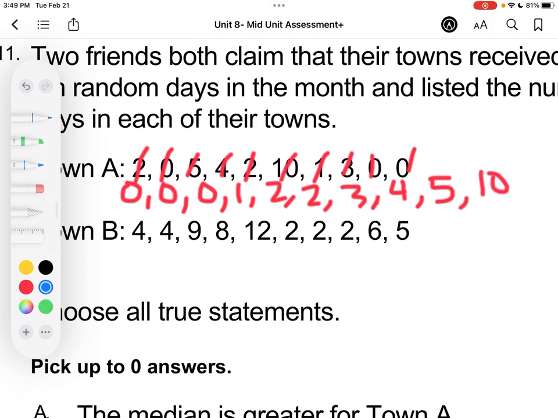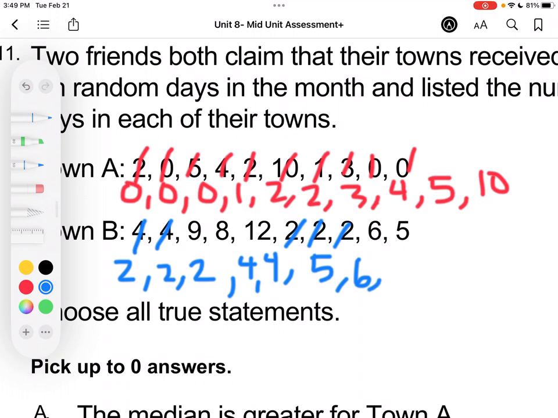And then I'm going to put these numbers in order. All right, so I've got 1, 2, 3, 4, 5, 6, 7, 8, 9, 10.